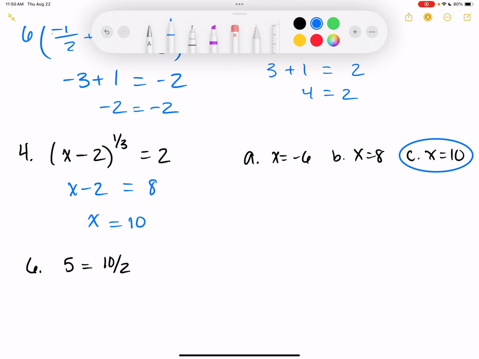Does this graph a line? Where's the x? There's not one, right? So this is not linear.